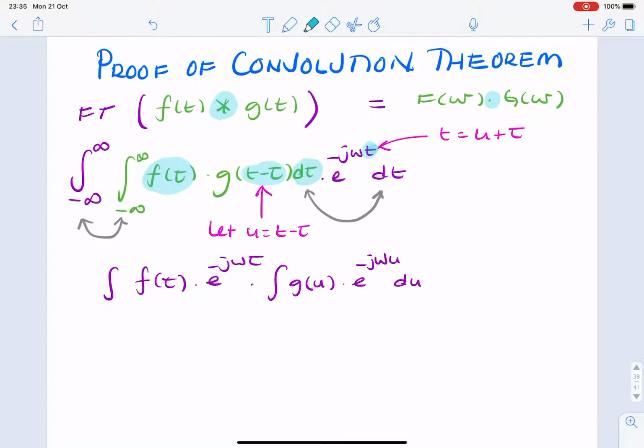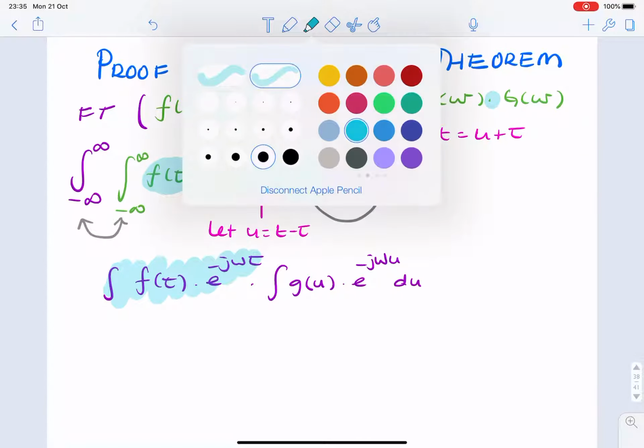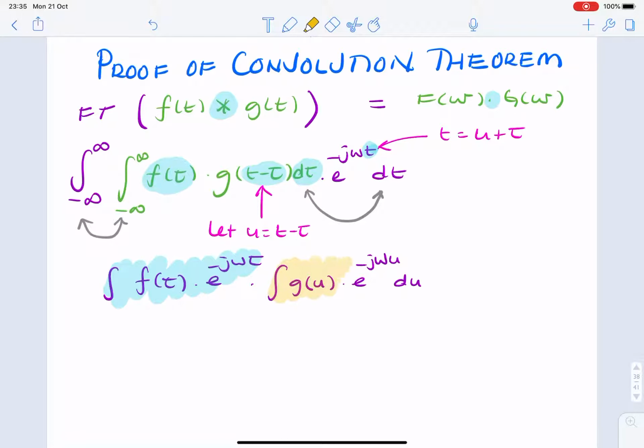And if you look carefully, that is the definition of the Fourier transform of f, and this is the definition of the Fourier transform of g. So this is simply F of omega, and this is G of omega, and between them we have a multiplication sign.